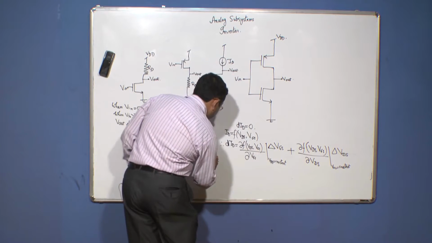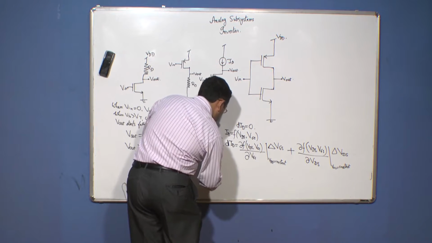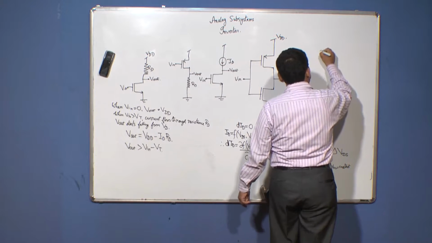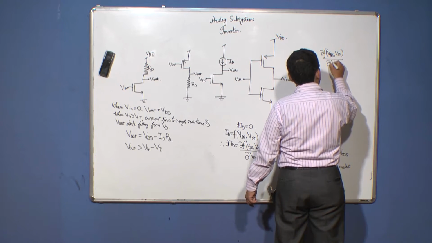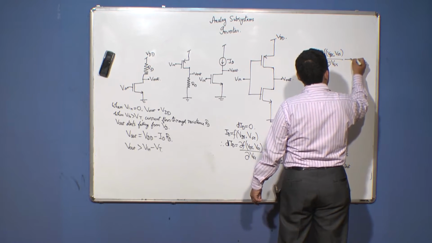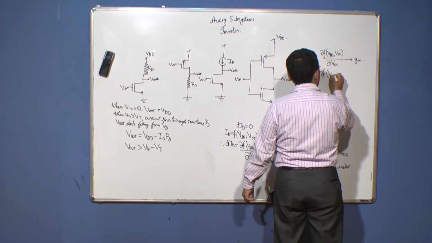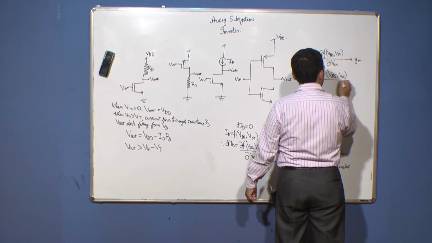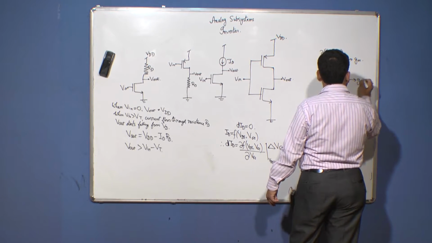Since this is equal to 0, let us do the substitutions. Del F(VDS, VGS) by del VGS, I replace it by GM, and del F(VDS, VGS) by del VDS I refer to as GDS.